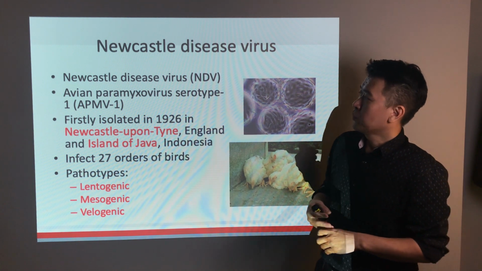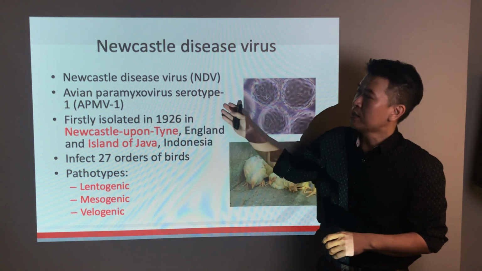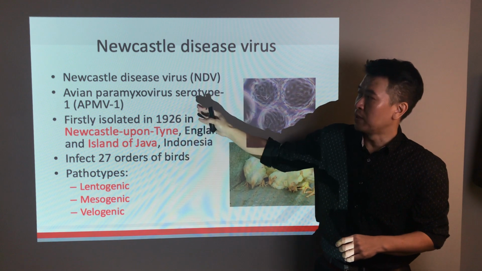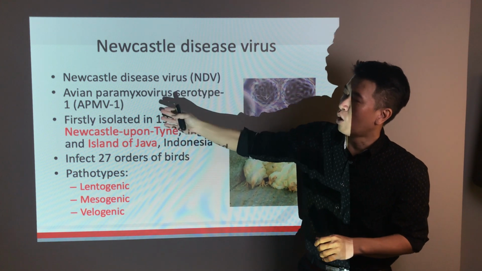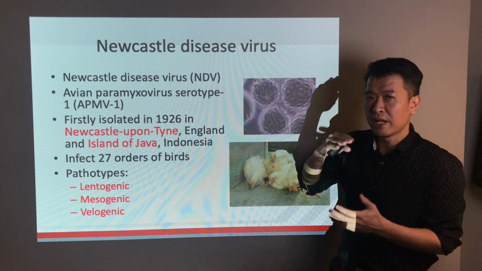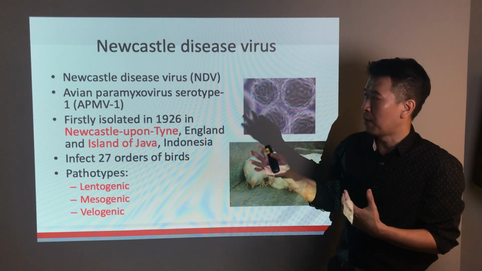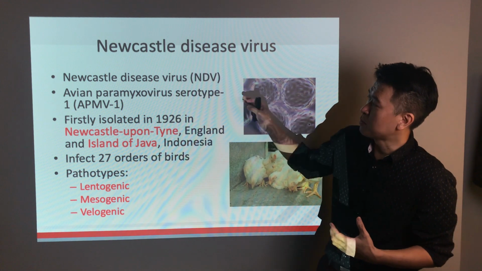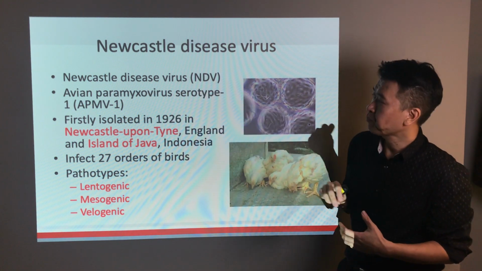Alright, so we always say the virus is also called avian paramyxovirus serotype 1, because back in the old time there were a lot of avian paramyxoviruses. For NDV, it's classified as serotype 1.